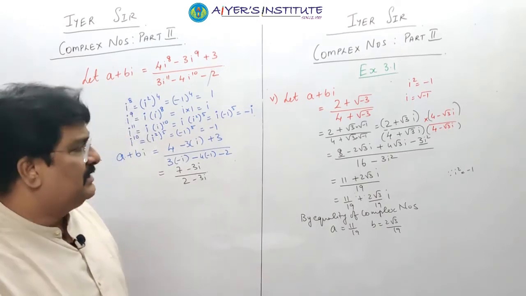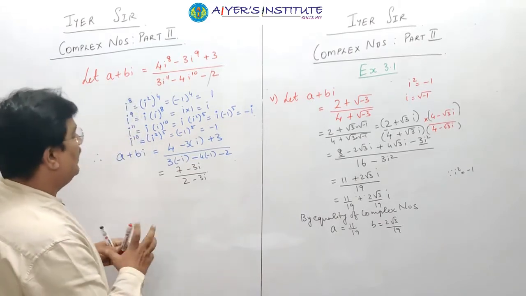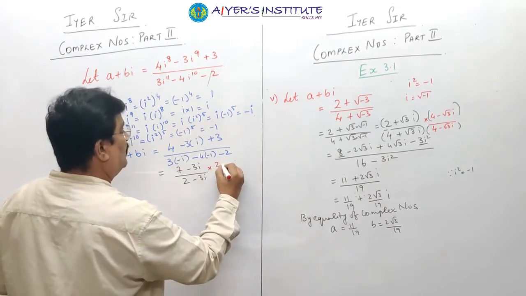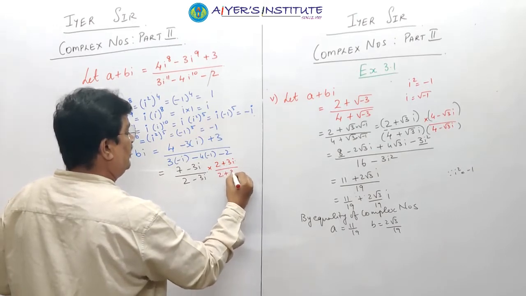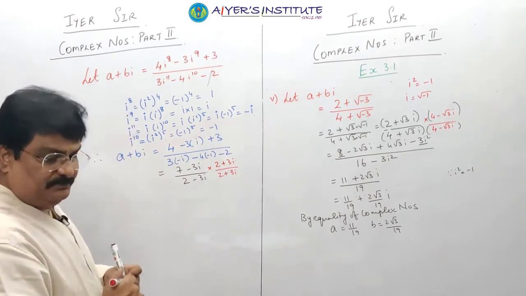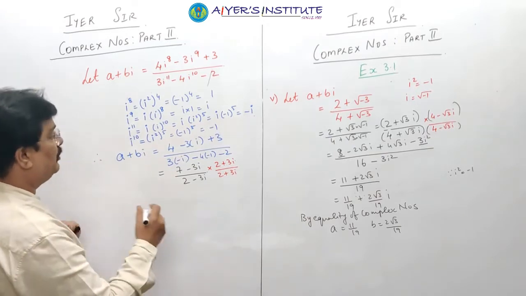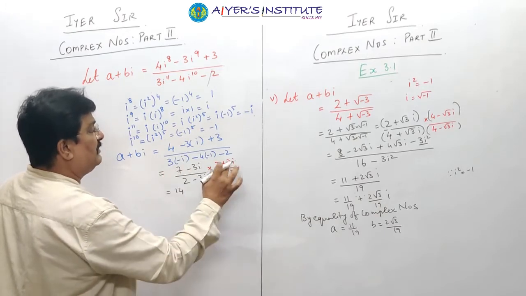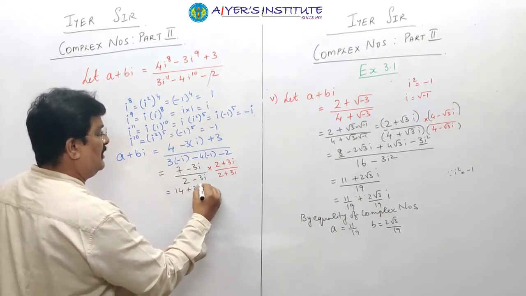Once you get this, we have to rationalize. Whenever we rationalize, we multiply and divide by the conjugate of the denominator, 2 plus 3i over 2 plus 3i. 2 sevens are 14, 7 threes are 21i.